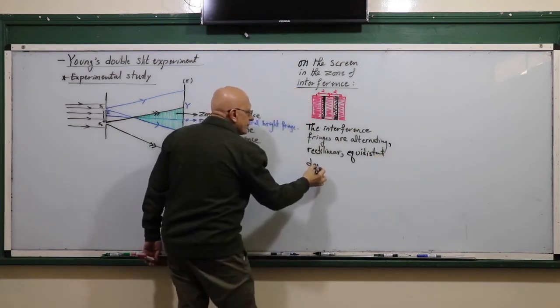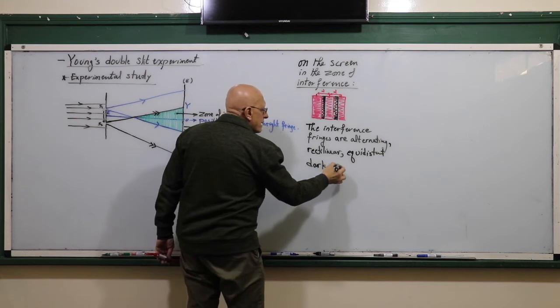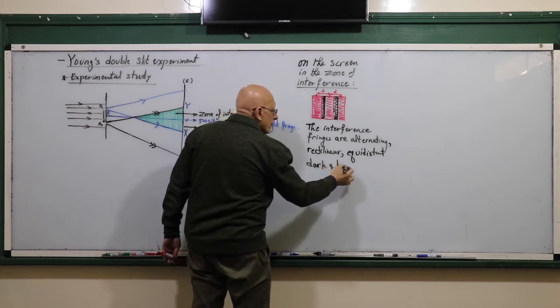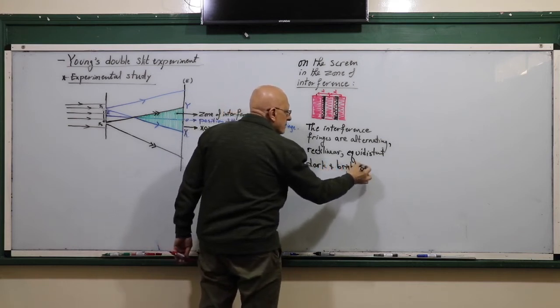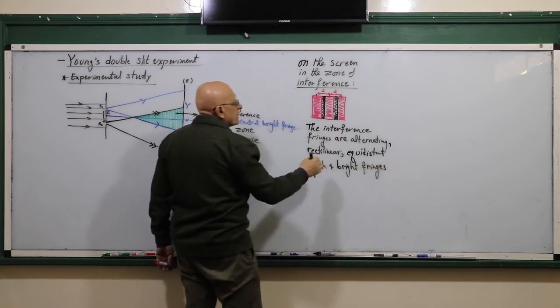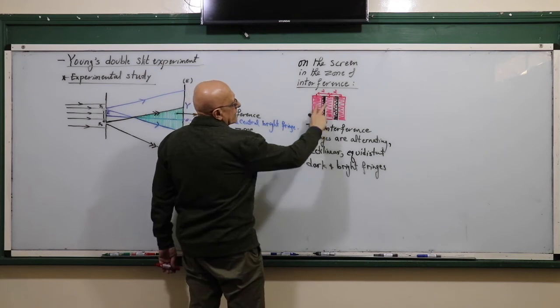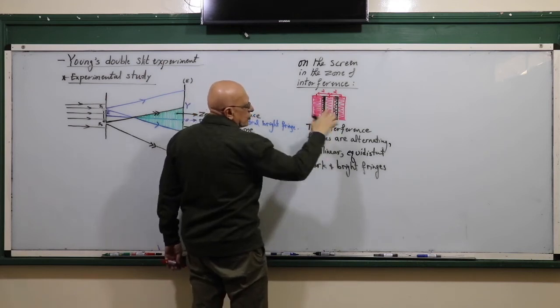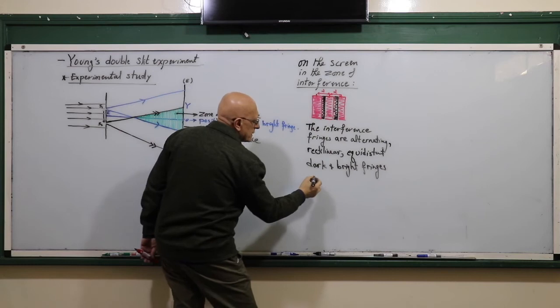Dark and bright fringes parallel to the slits. These are the two slits, and the fringes are parallel to the slits.